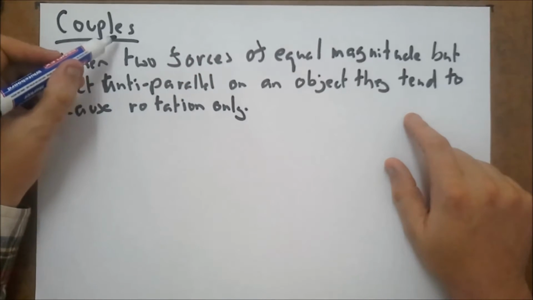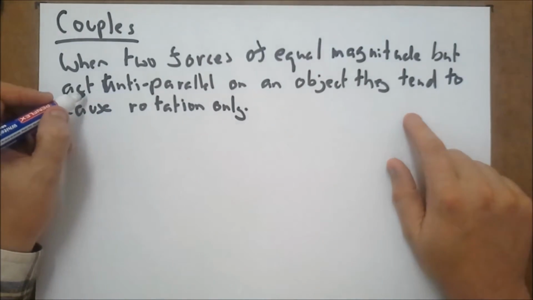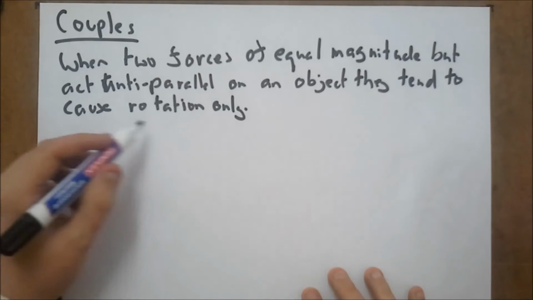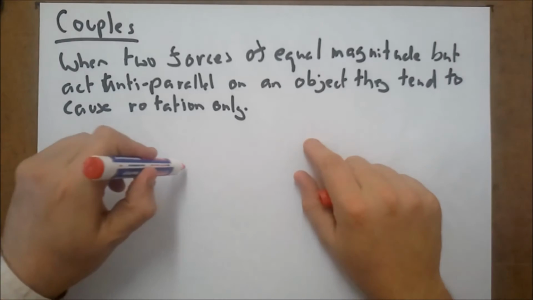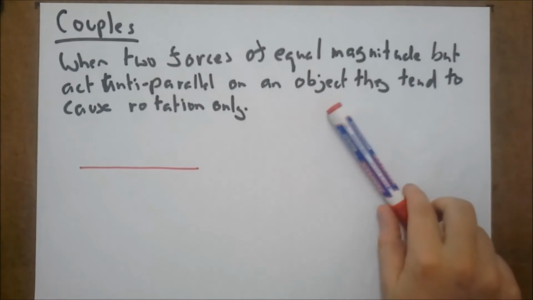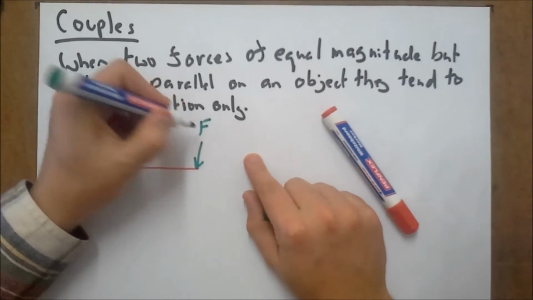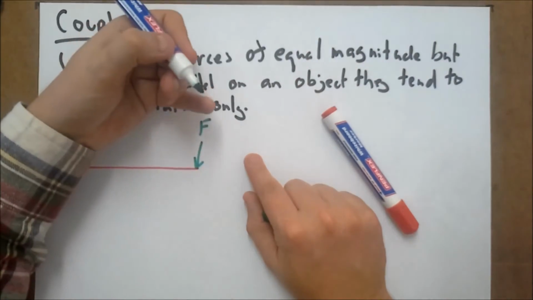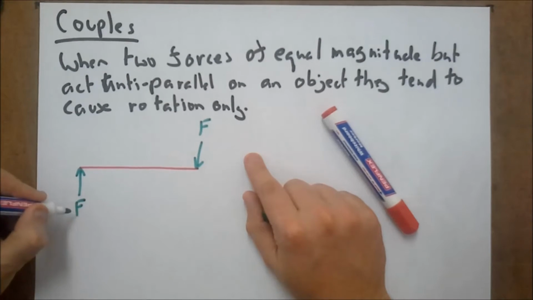So, couples: when two forces of equal magnitude act anti-parallel on an object, they tend to cause rotation only. Let's imagine we've got a simple beam like this, and we've got two forces, one acting in this direction, and another of equal magnitude, the same size force, acting in the opposite direction, or anti-parallel.